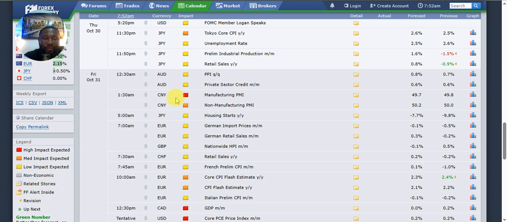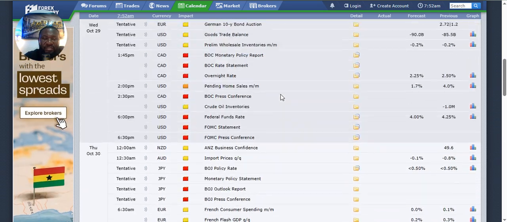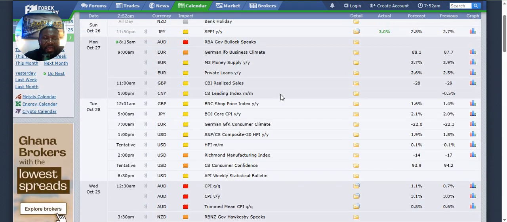All right, guys, now you have an idea, you've seen the envelopes. So let's quickly go back to Sunday and identify the envelopes. Monday here we have a red envelope, which remember means high impact news. This one is the governor Bullock speaks, on the Australian dollar, which is at 8:15 today, Monday. Then we have 9 a.m., which is on the euro.